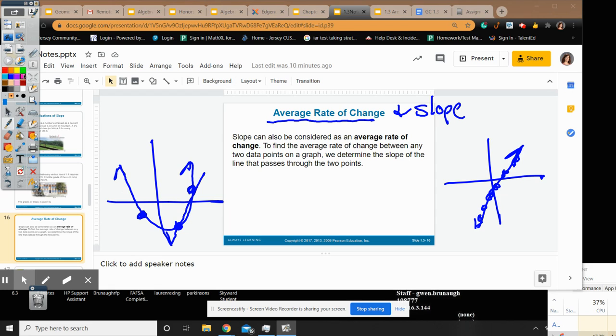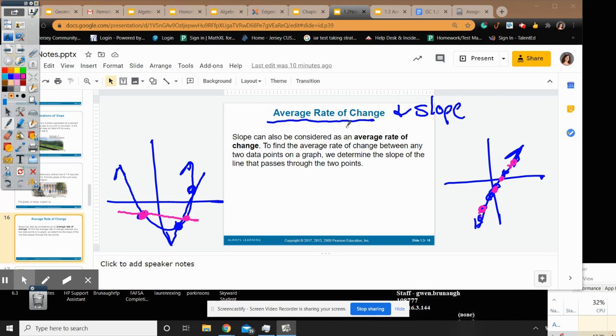Let's get a different color here. Then if I picked these 2 points, the blue points gave me a positive rate of change. The pink points gave me a negative rate of change. So when you say average rate of change, that means that you could get different values depending on what you picked. So we only use slope if it's a line because it won't matter what values, because if I pick these 2, it will simplify to the same thing as if I picked those 2.